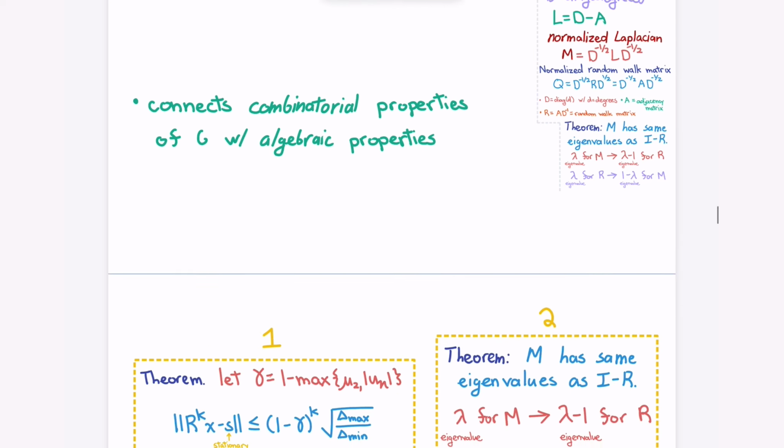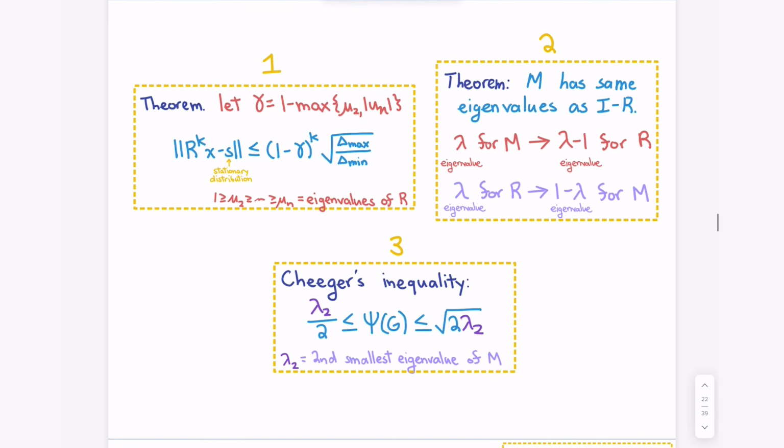Good. So before proving Cheeger's inequality, I wanted to point out an important application. We have some bounds on the mixing time of a random walk based on the eigenvalues, and we now know how to map the eigenvalues of R to the eigenvalues of the normalized Laplacian.